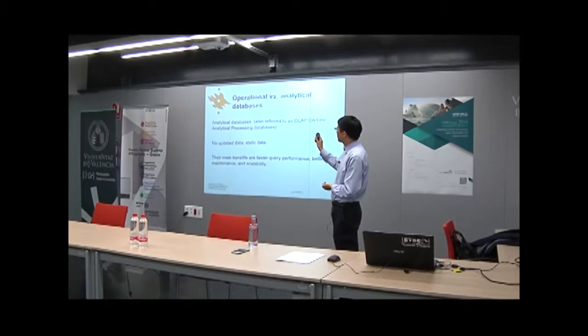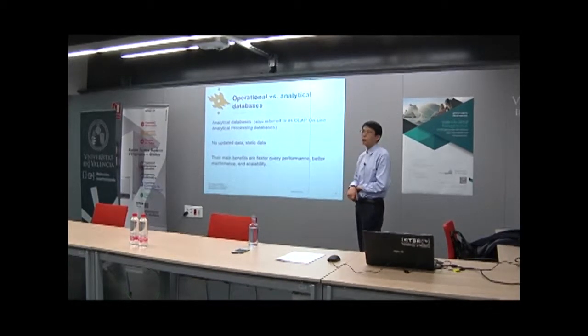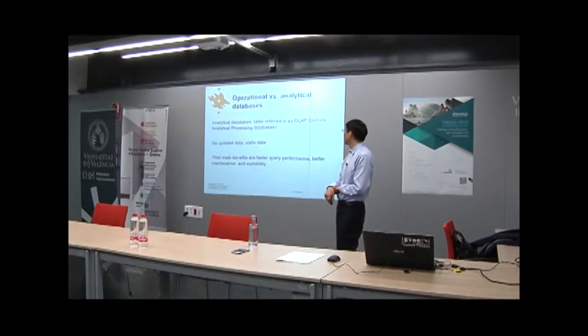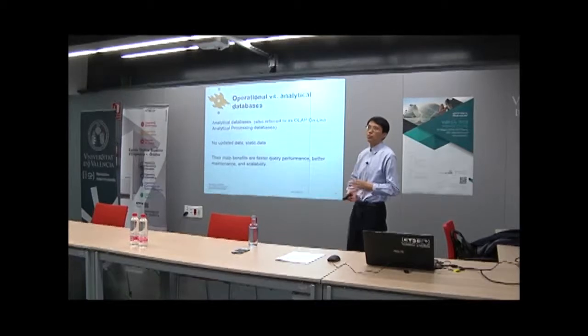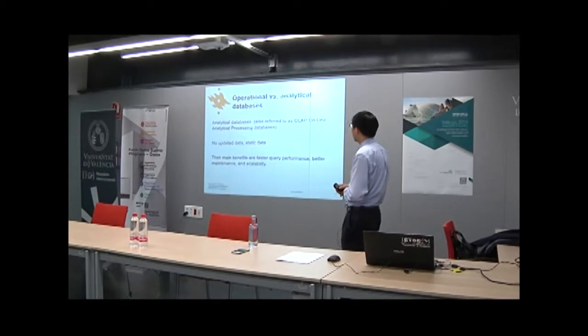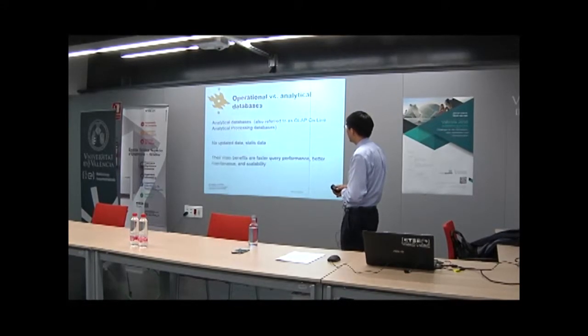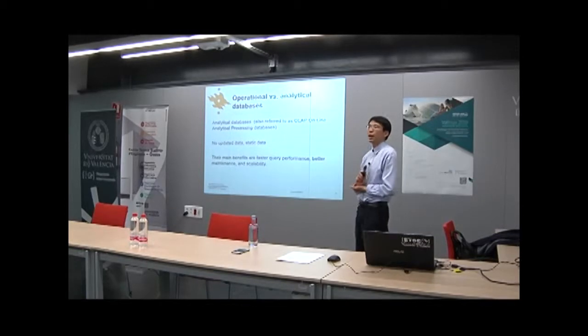In this kind of database, they mainly focus on static data, with no updates for those data. And their main benefit is faster query performance because they usually have to process large sizes of data. So they have faster query performance and better maintenance and scalability. Yeah, so this is OLAP, analytical database.